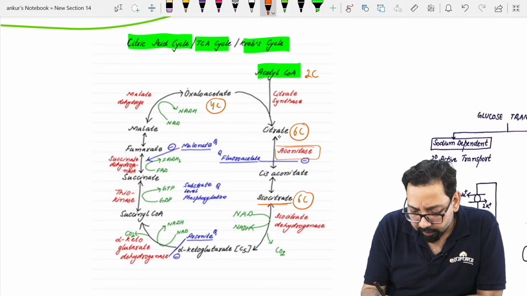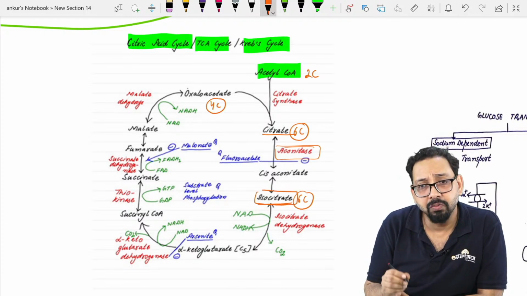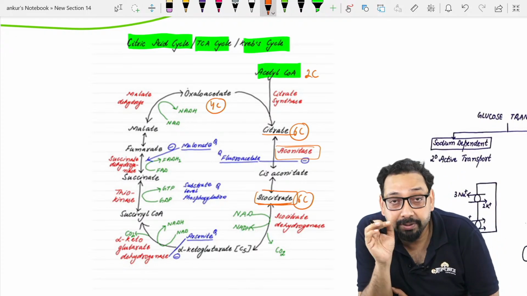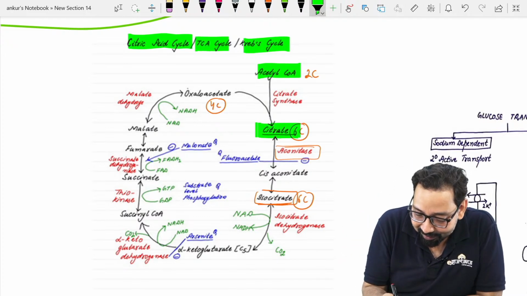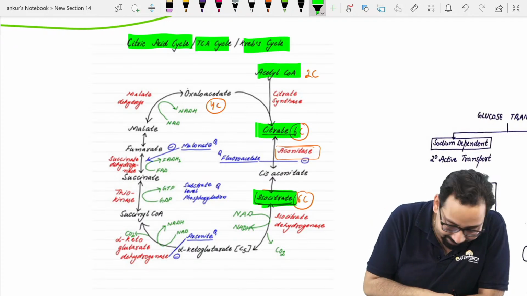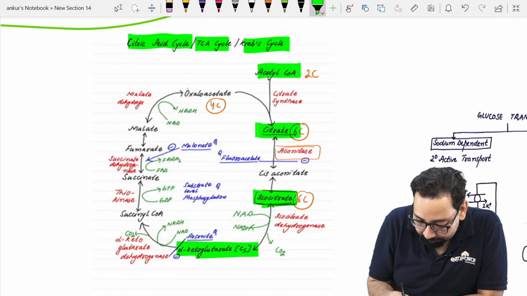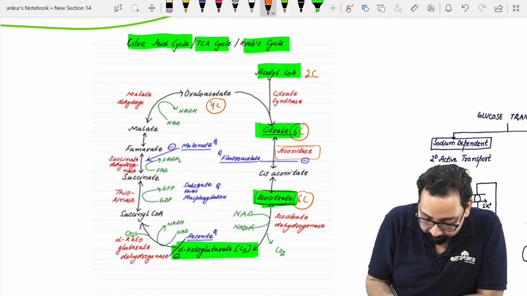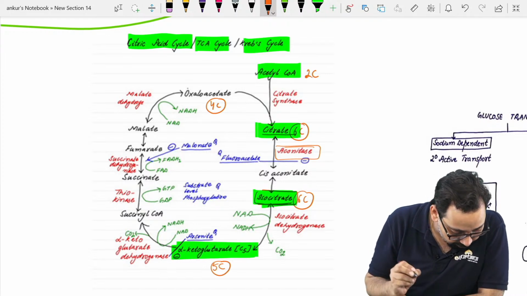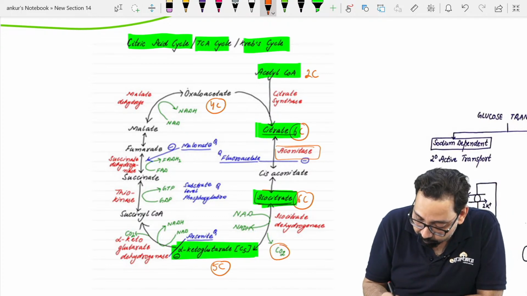Citrate or isocitrate: the name itself tells you isocitrate is an isomer of citrate. So if citrate has 6 carbons, isocitrate also has 6 carbons. It is converted to alpha ketoglutarate, which has 5 carbons. If a 6 carbon compound is converted to a 5 carbon compound, then 1 carbon is removed.